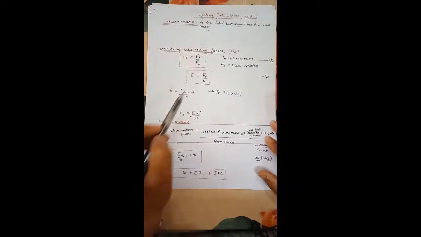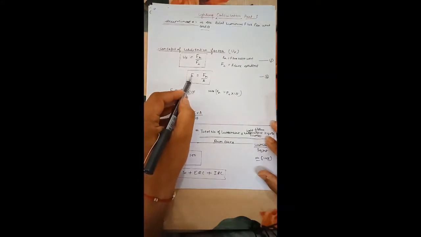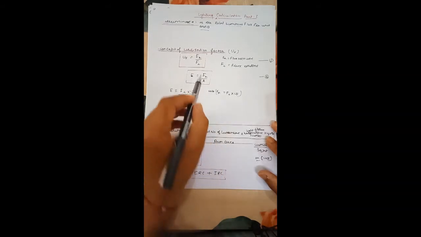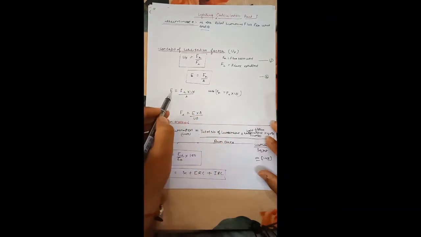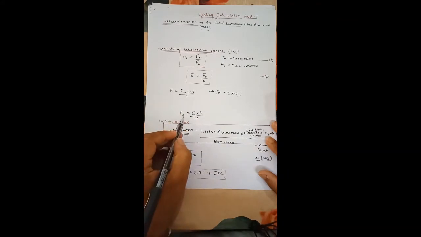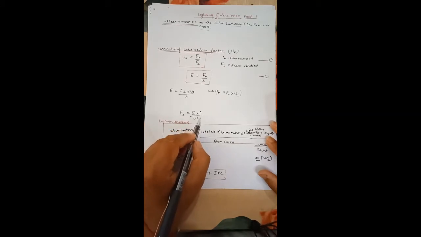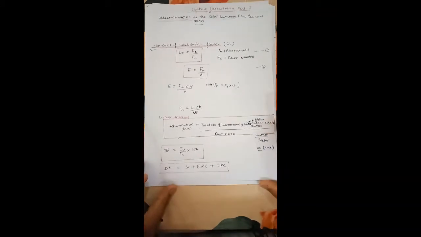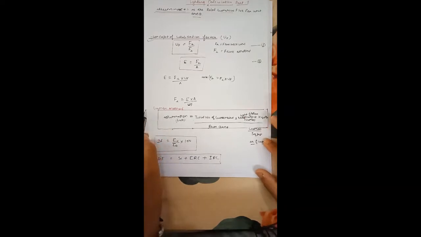Then using the concept of utilization factor you can calculate the illumination level, E is equal to FR by area. Then it becomes this formula, E is equal to FI into UF by A, and flux emitted, F is equal to E into A by UF. This is used if utilization factor numericals are there. And lumen method, this is the important one, and we will use this formula only.